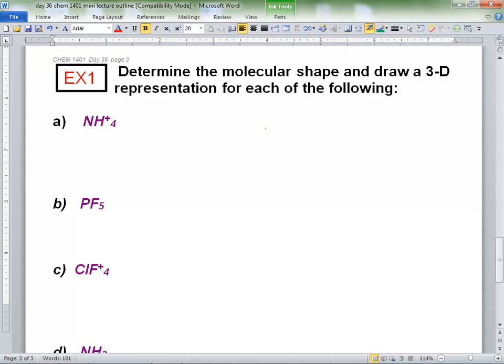So ammonium. How many valence electrons? 8. That's your starting point. 8 valence electrons. Right? And when you draw it, figure out what your total is, and then go from there.